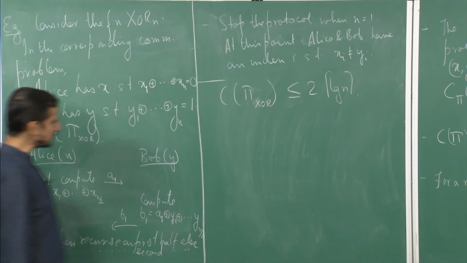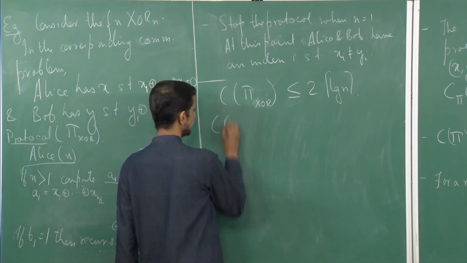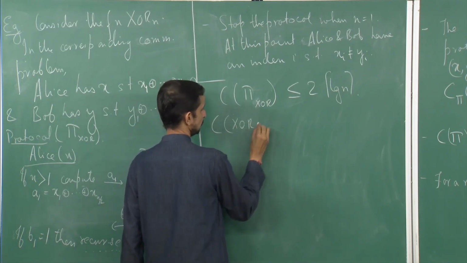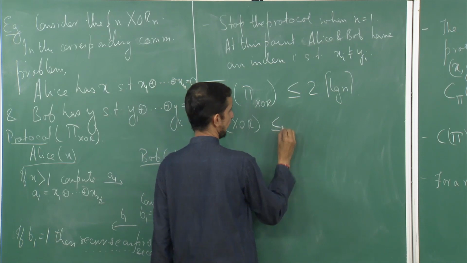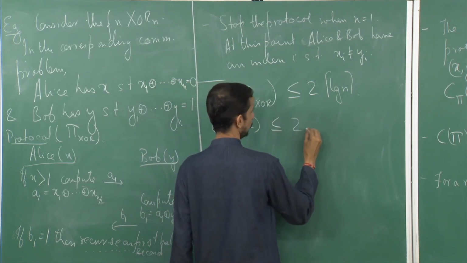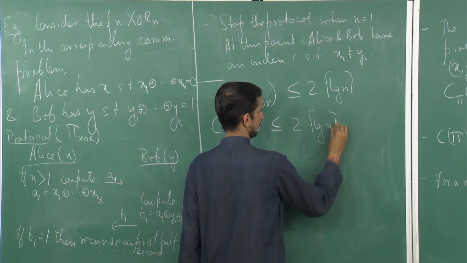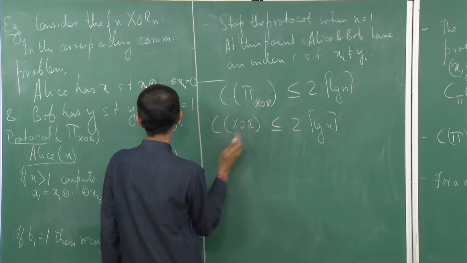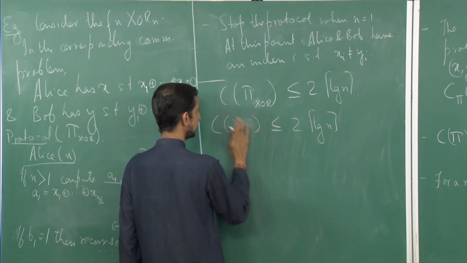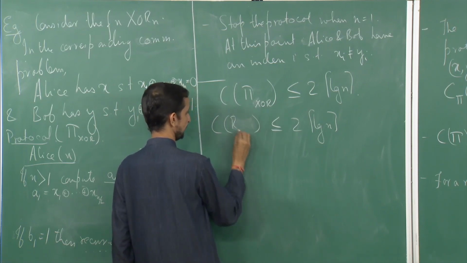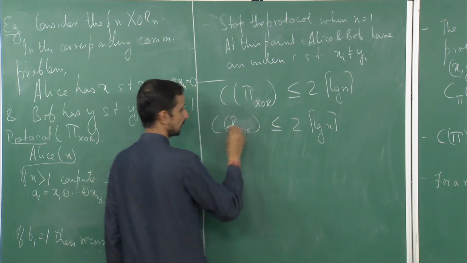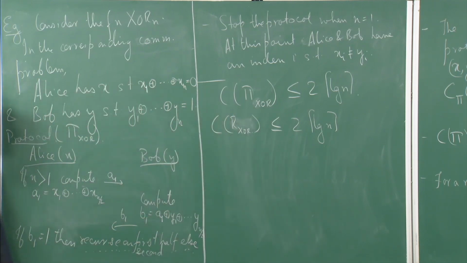Which means the communication complexity of XOR is at most 2 log n. Actually I'm not looking at exactly XOR, but the relation corresponding to XOR. I haven't defined it formally, but you can define the relation corresponding to the XOR function.